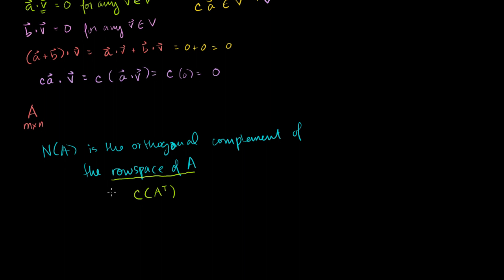So one way you could rewrite this sentence is that the null space of A is the orthogonal complement of the row space.